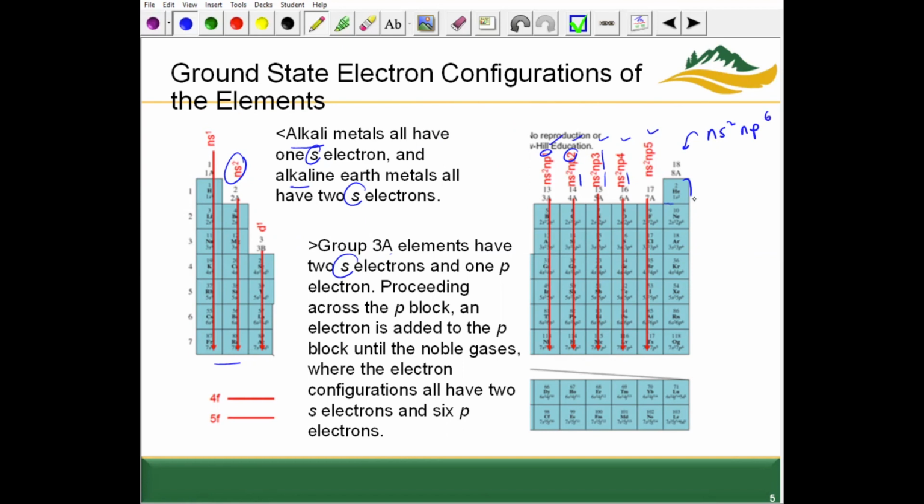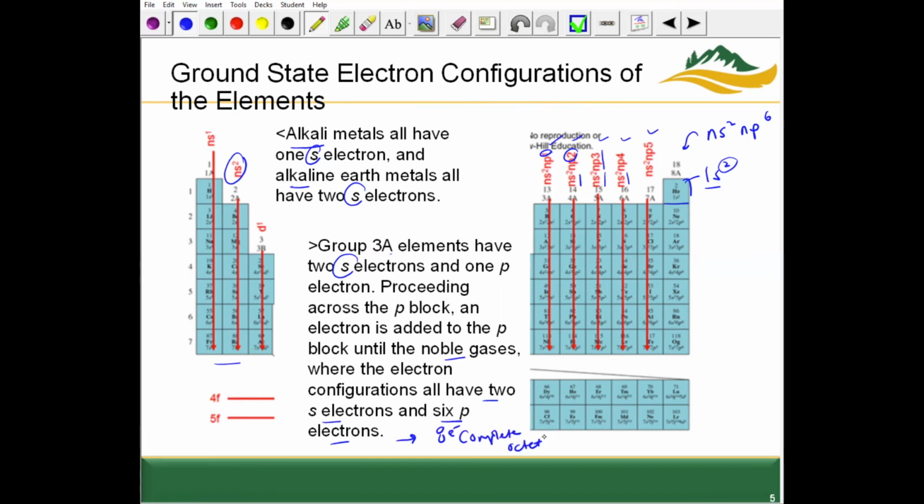Helium only has 2 electrons to work with, so it is happy and complete with this duet of 1s2, so 2 electrons here. And then those other noble gases, aside from helium, they all have 2 s electrons and then 6 p electrons. That is why we consider them to have a happy, complete octet.